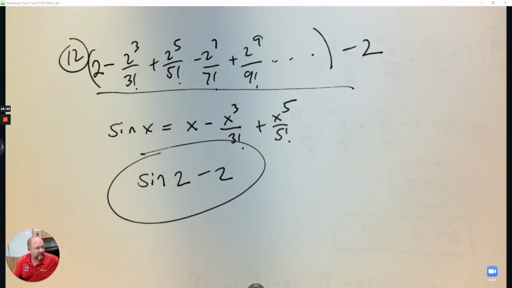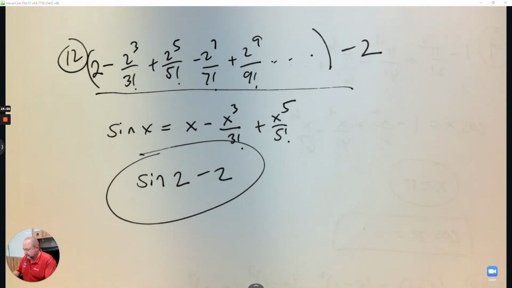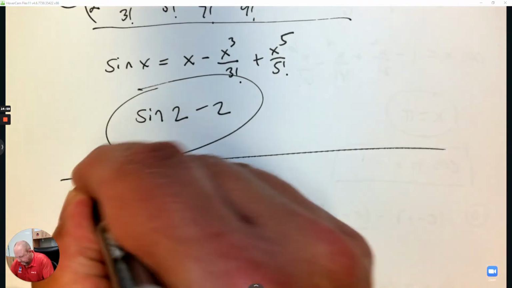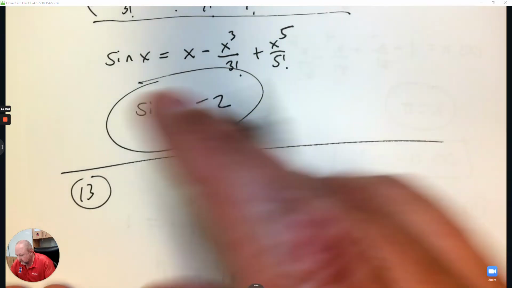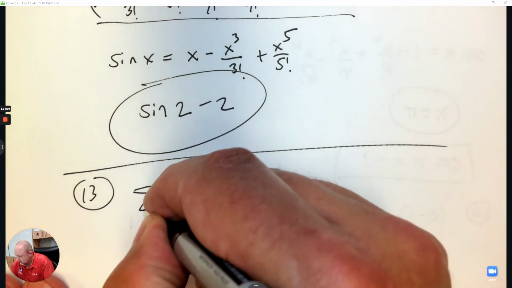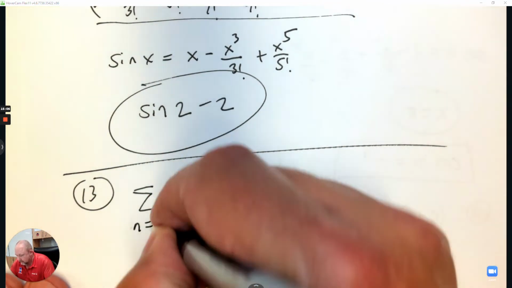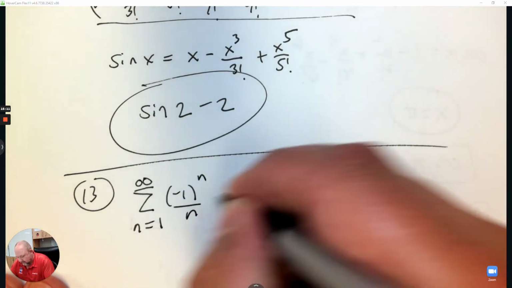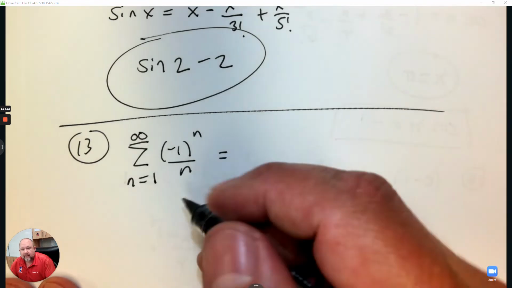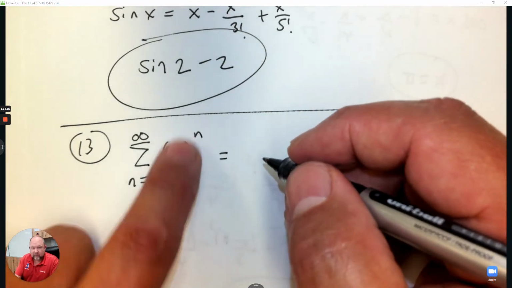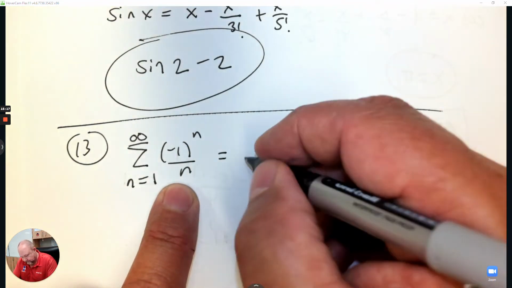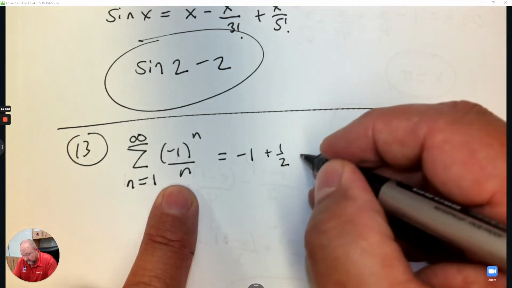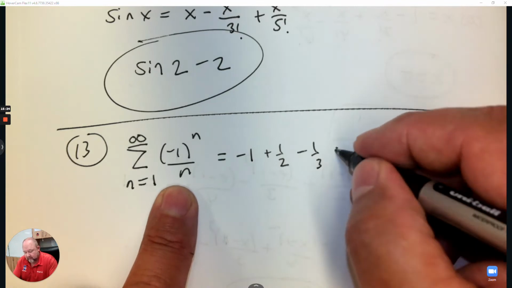Number 13. Turn the page. Determine convergence. So some of these will be alternating. Some may not be. So the first thing I look at, if I plug in 1, if I plug in 2, if I plug in 3, and so on.